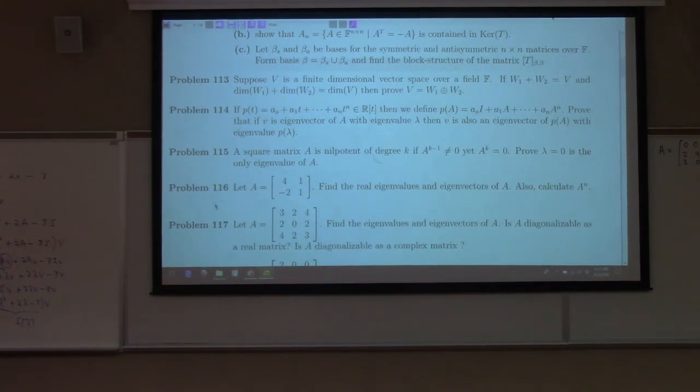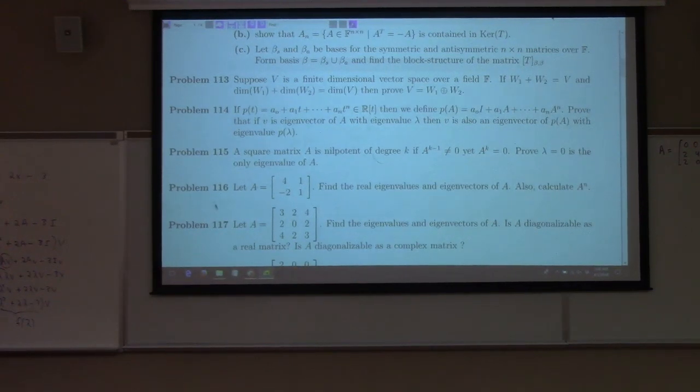So that's kind of a neat thing. If we have an eigenvector for a matrix, it also becomes an eigenvector for any polynomial of the matrix. But the new eigenvalue is no longer just the lambda that you started with. It's whatever happens to lambda when you feed it to the polynomial in question.